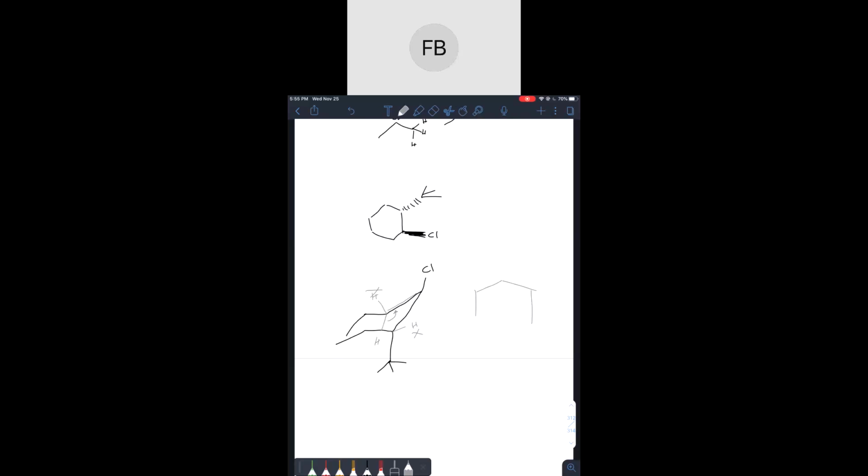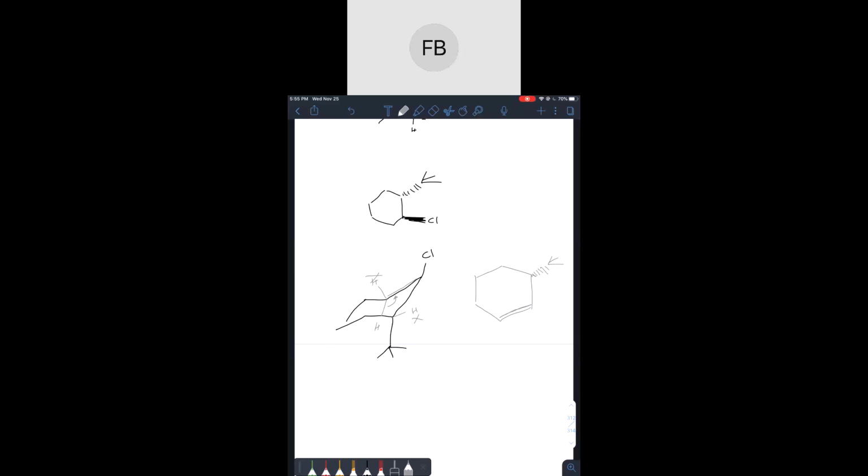When you draw that out in your chair conformation, the tert group is still down, but the double bond has formed on the other side of where the Cl had been, away from the tert group. This is the only one because it has to be anti-periplanar.